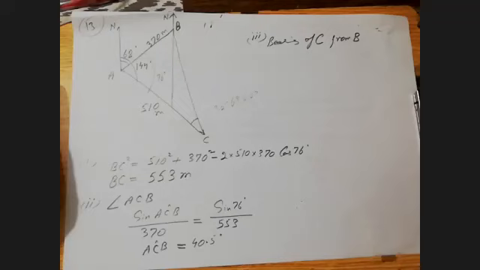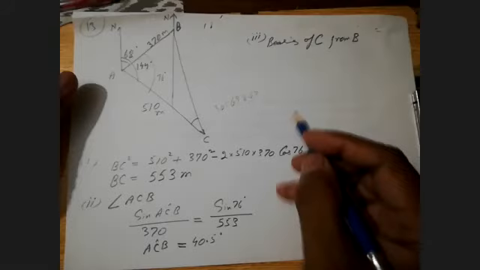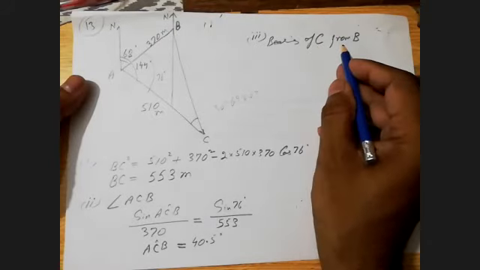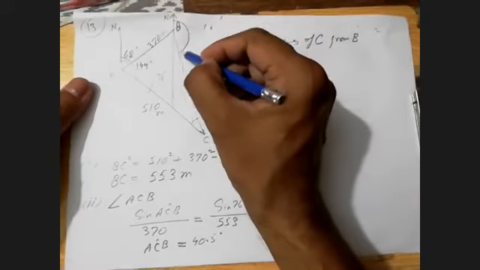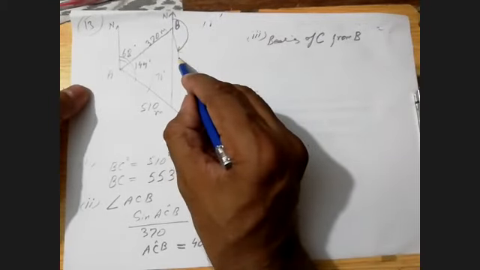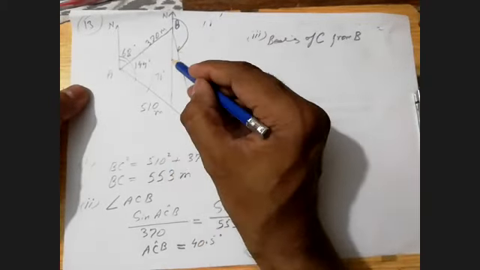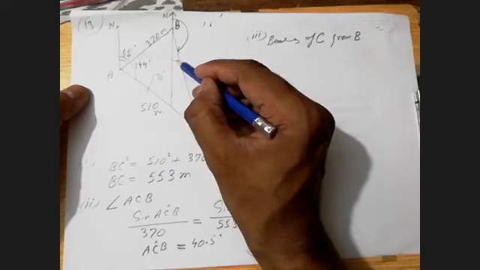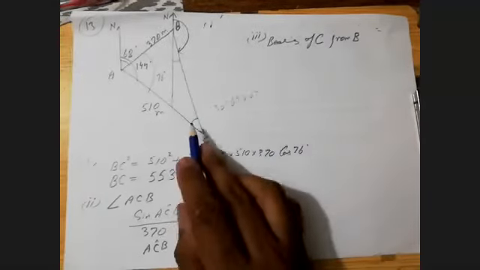One student has given me directly the answer. I would like you to tell me what technique I can use. Bearing of C from B, it means this complete angle is required. It means we must be aware of this angle. But how to find it out? Already this angle.